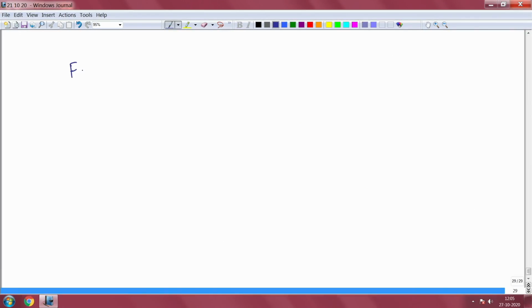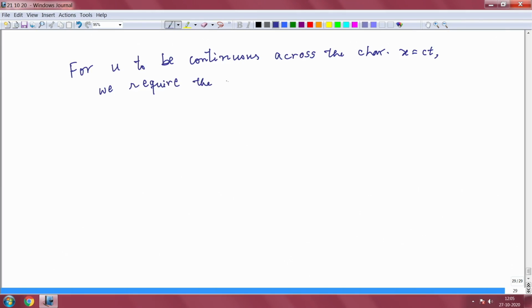So, for u to be continuous across the characteristic line x equal to ct, we require the condition h_0 equal to u_0(0). Okay.